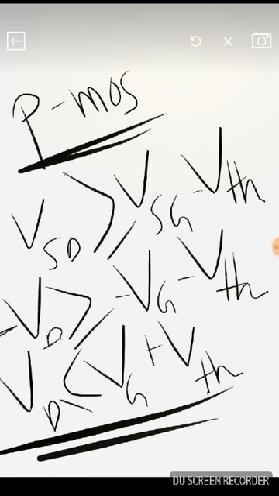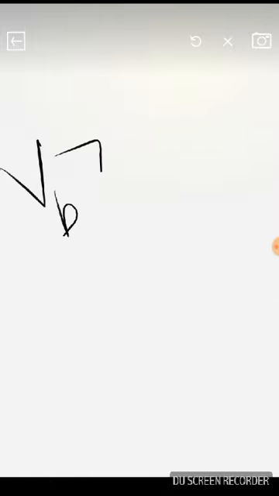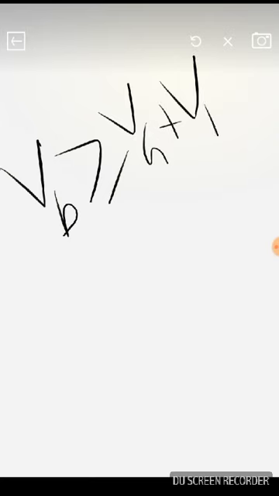That is for saturation condition. But here we do not want it, so VD should be greater than or equal to VG plus VTH, or we consider here as VTP for the PMOS.